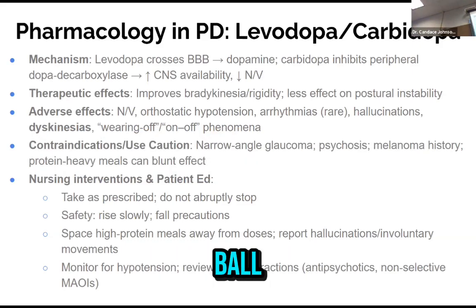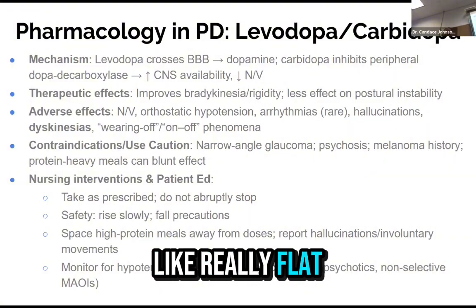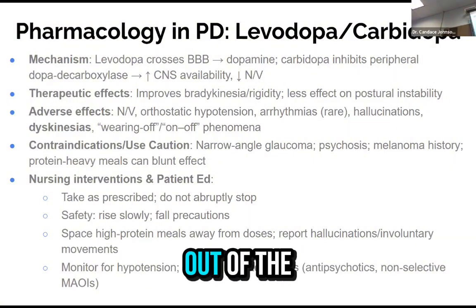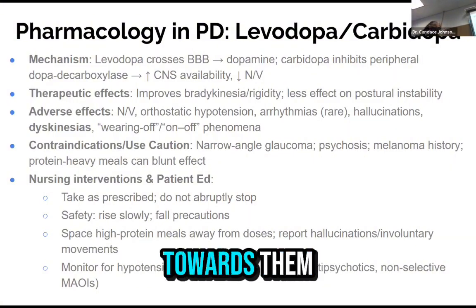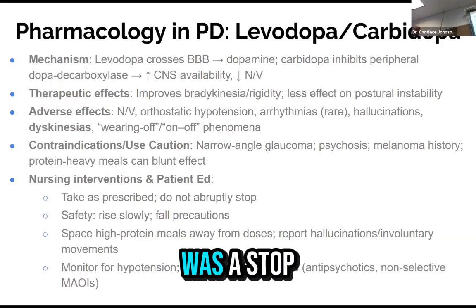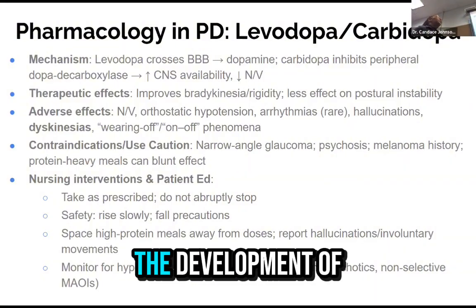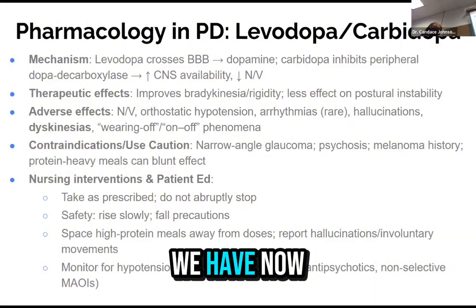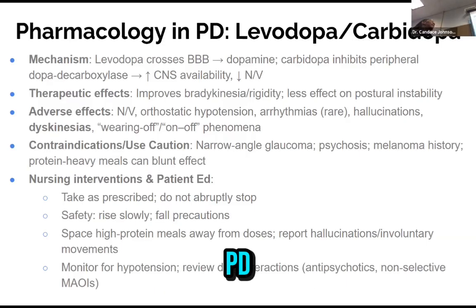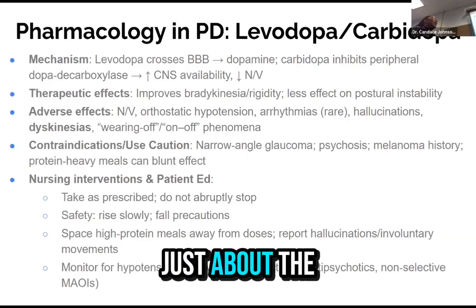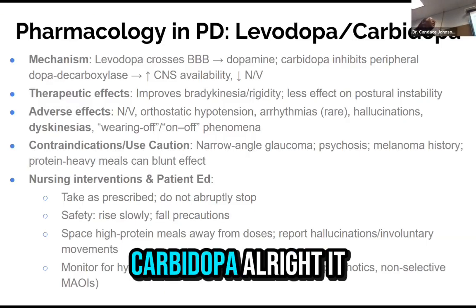The patient catches the ball, even though they're really flat and seem disconnected. Out of the blue, they just caught the ball that was coming towards them, which I think proved that there was a stop and start effect to PD. But it also kind of led to the development of the drugs that we have now, first line for the treatment of PD. And I think that movie was just about the guy who created levodopa, carbidopa.